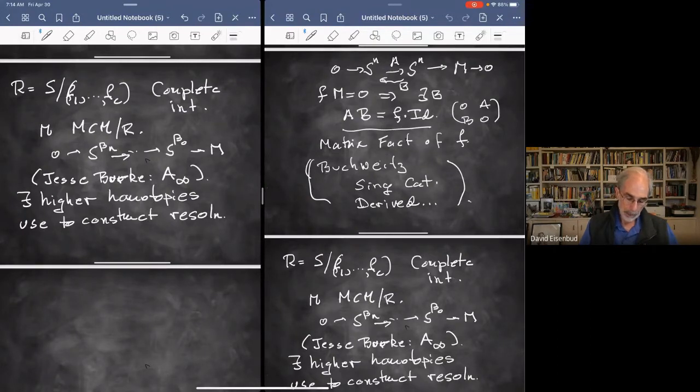Which is really, if I call this original resolution F, then you can take F, tensor it with R. Now it's not exact anymore. And then tensor it with the divided power algebra on c variables. So I'll write that as R of x_1 up to x_c, new variables, dual.